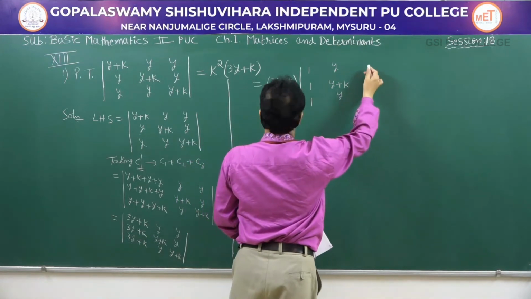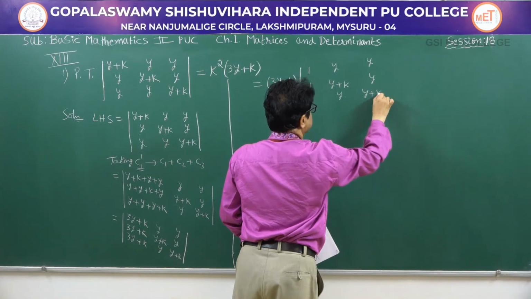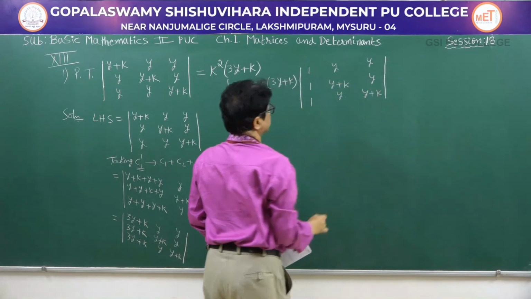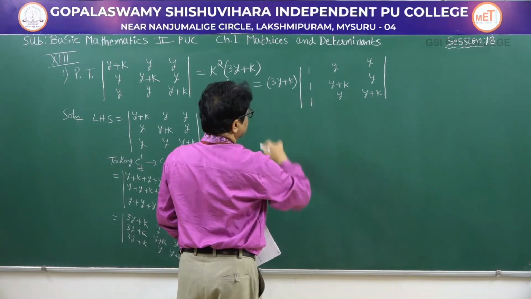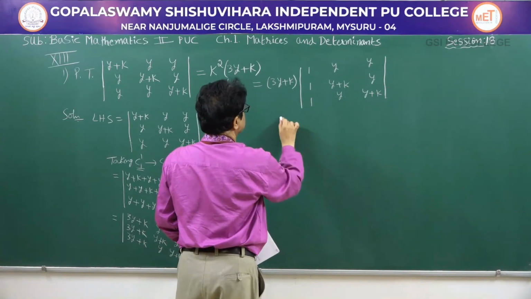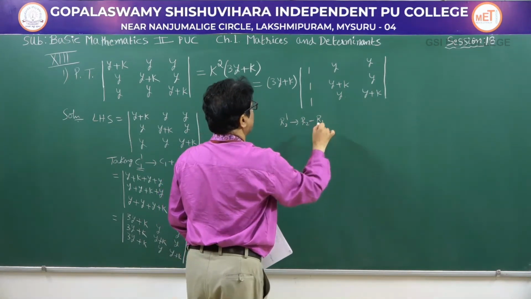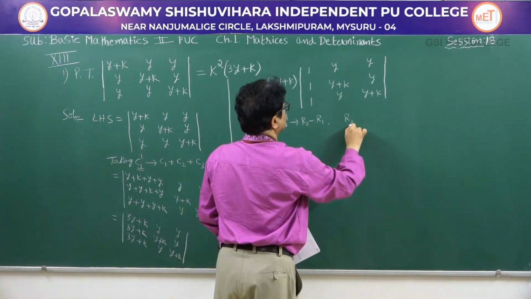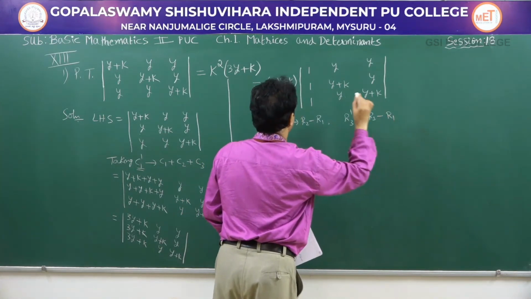In the next column, y plus k. Next we can use row operations to make these two elements 0. That is, R2 dash is R2 minus R1, R3 dash is R3 minus R1.